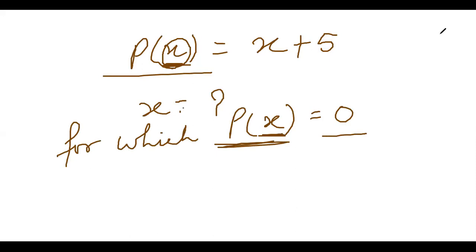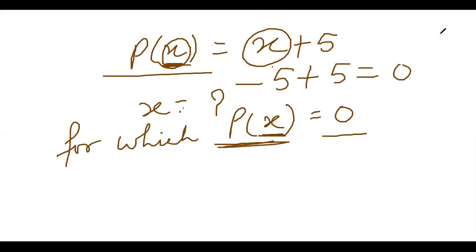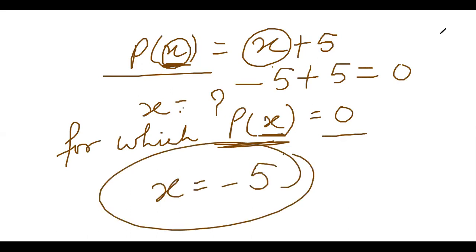So if you can see easily directly, yes, -5 will be here. If you put -5 here, you will get -5 plus 5 equal to 0. So we'll say that x equal to -5 is the 0 of the polynomial. But you can find it out like this also.